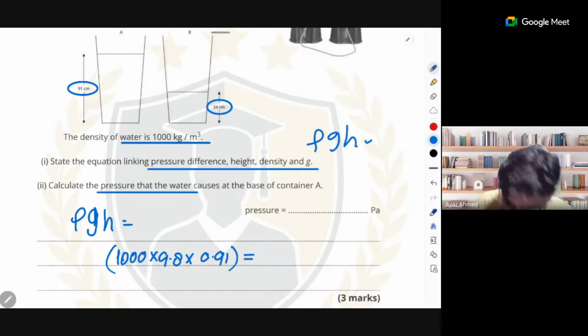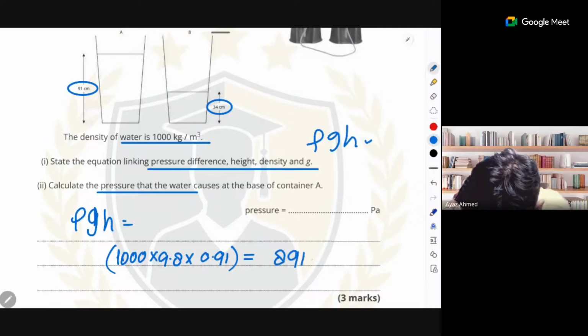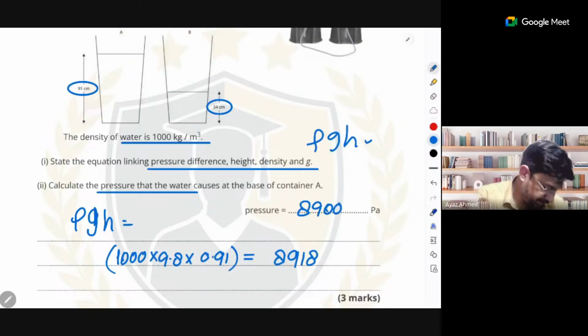The answer is 8918, which is basically 8900 Pascal. Is it clear to everyone?